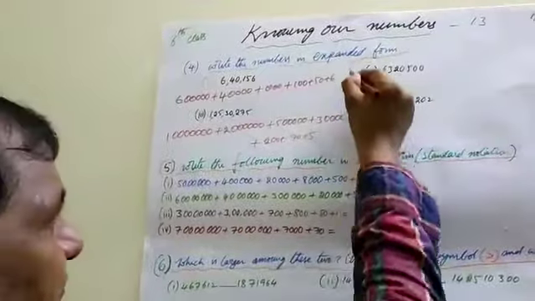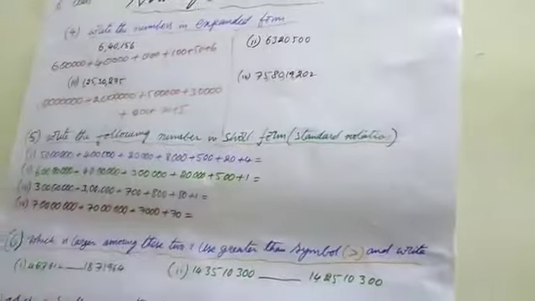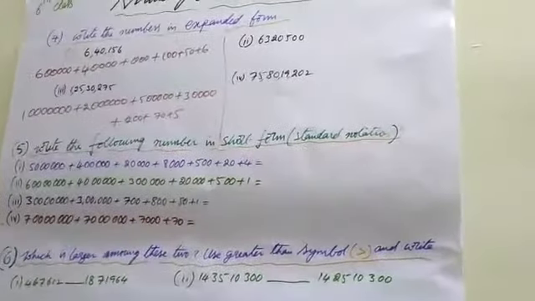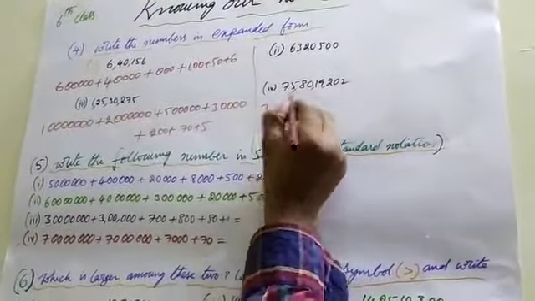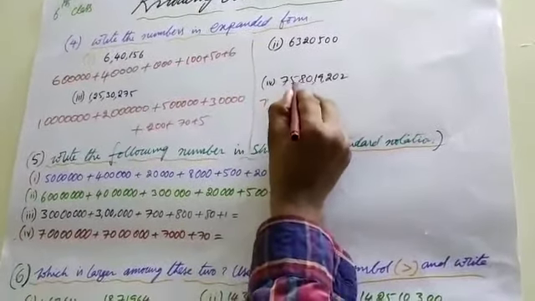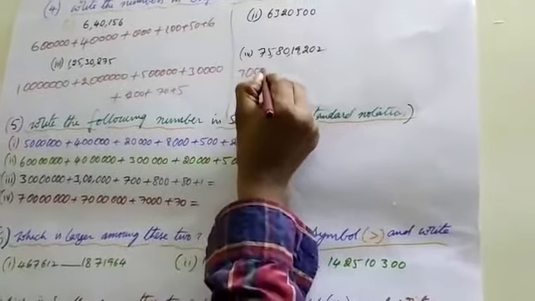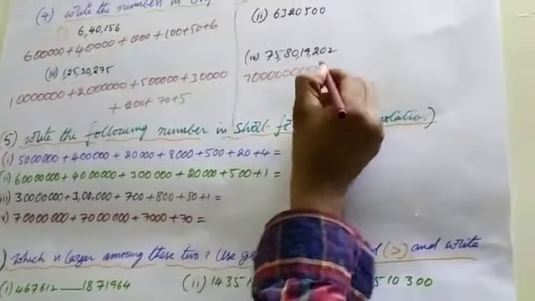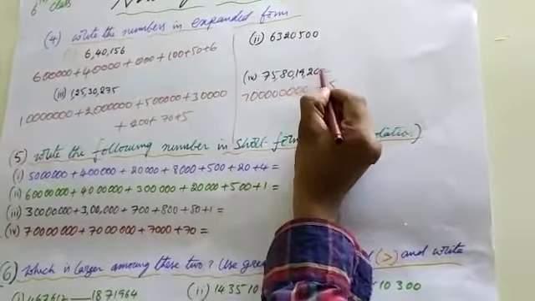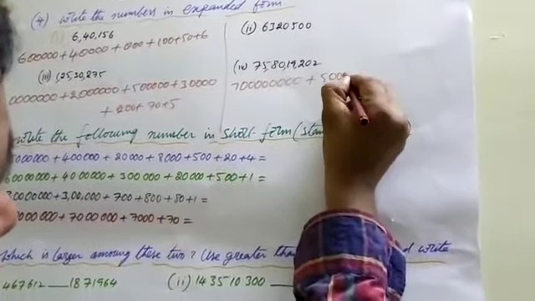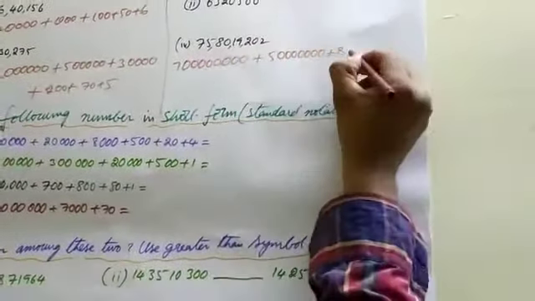Go to 4. What is 4? First of all, divide with commas. Therefore, 75 crores 80 lakhs 19,202. 75 crores: after 7, 1, 2, 3, 4, 5, 6, 7, 8 zeros. Plus 5, after how many digits? 1, 2, 3, 4, 5, 6, 7 zeros. Plus 8, 80 lakhs.